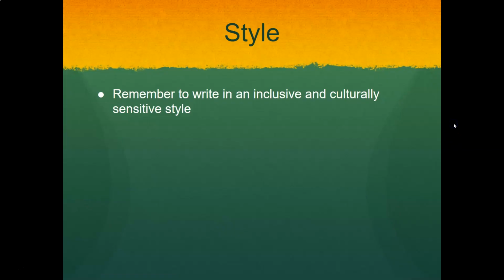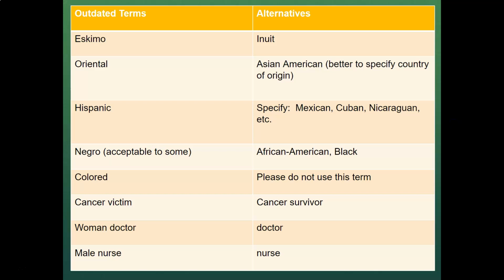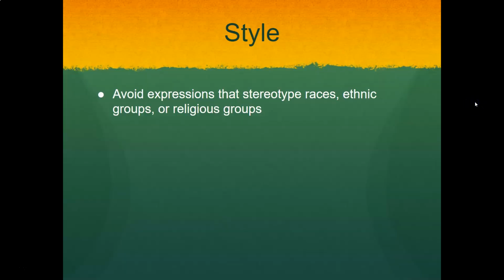And we want to write in an inclusive and culturally sensitive way. Here are some examples again of outdated terms and alternatives to those outdated terms. And we always want to avoid expressions that stereotype races, ethnic groups, or religious groups.